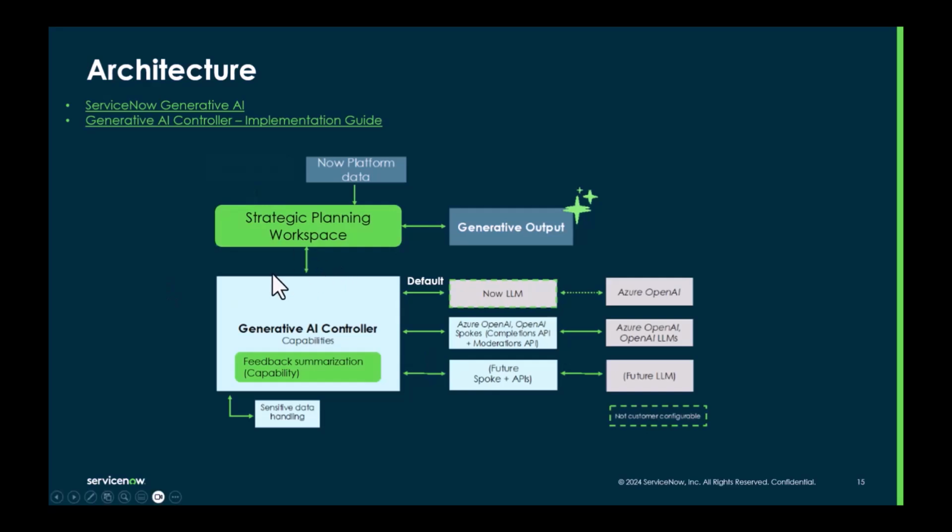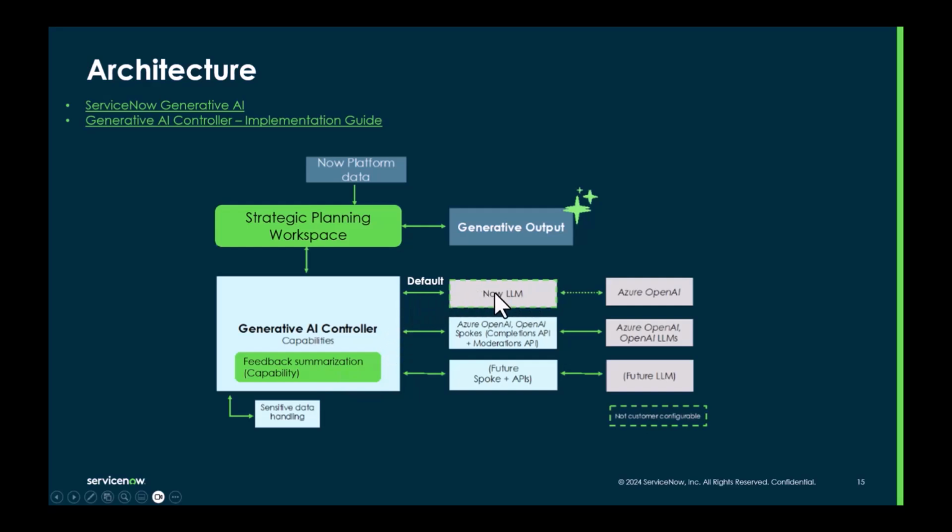Okay, so if we focus on the capability we are talking about, feedback summarization is based on Now platform data, because it's based on the feedback information, name, description. The strategic planning workspace leverages the Now Assist. So the request goes to call this feedback summarization capability as part of the generative AI controller definitions, and then the request goes to the defined LLM.